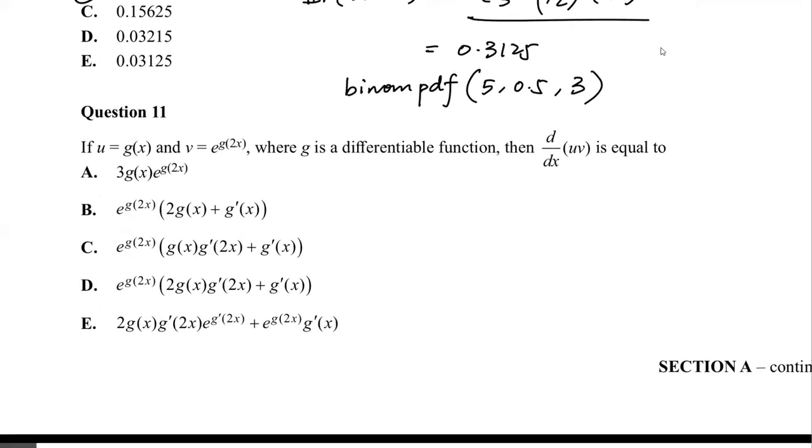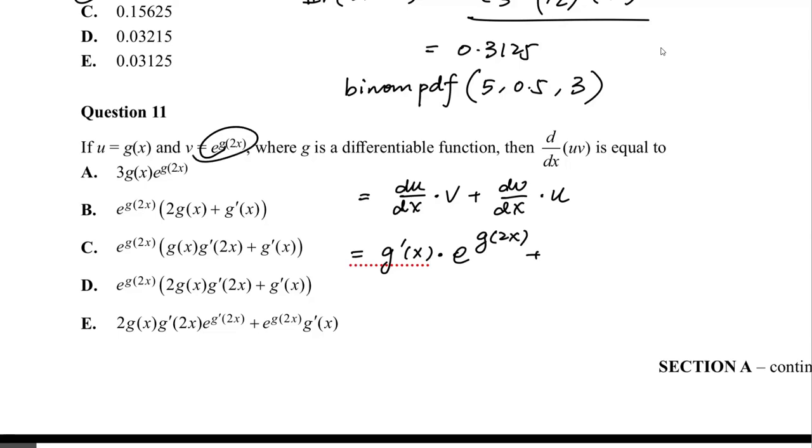Question 11 is an interesting one, because you don't know what g of x is and what e to the power g of 2x is, but you can apply both product and quotient. So basically, you are looking for du/dx times v plus dv/dx times u. So what is du/dx? That's just g dash of x times v, e to the power g of 2x, plus dv/dx. This is where you need to use chain rule.